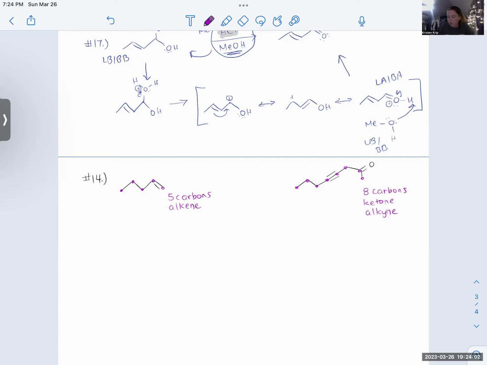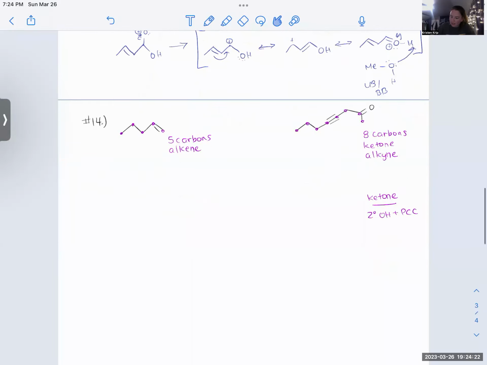Let's start with how do we make a ketone? With PCC? Yep. You would need a secondary alcohol with PCC that would make us a ketone. And how do we make an alkyne? You could do like the Br2 and then have excess NaNH2.